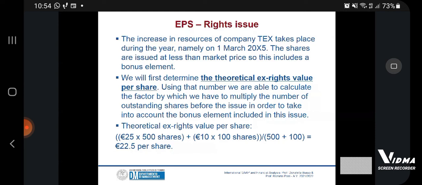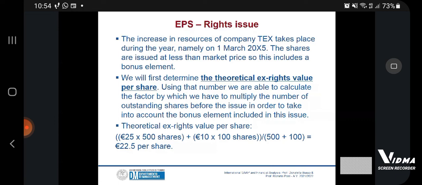We are getting 100 multiplied by 10, that is 1,000 euro. Again, this is the total value of the shares after issuing the rights: the market capitalization of the existing shares plus the money I get in from issuing these rights. Is it clear now how we calculate the total value?